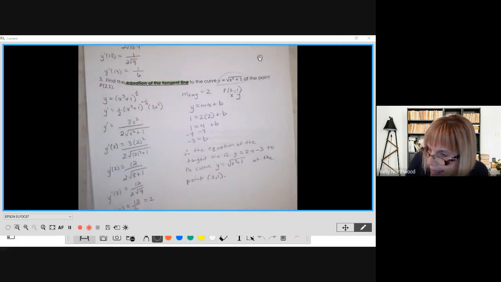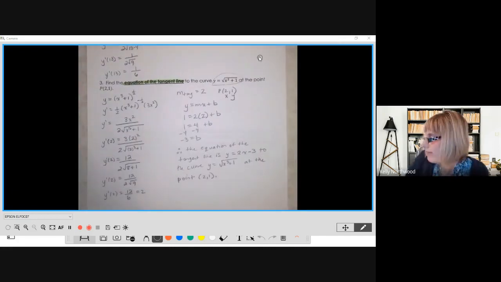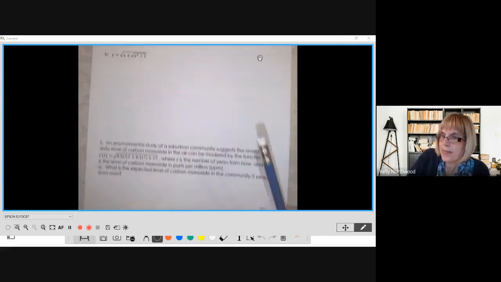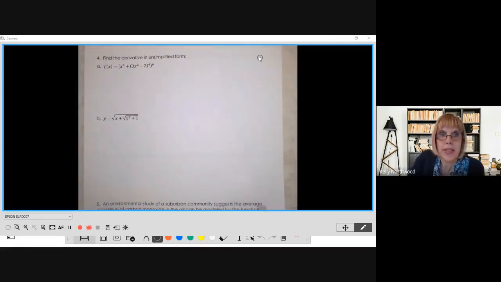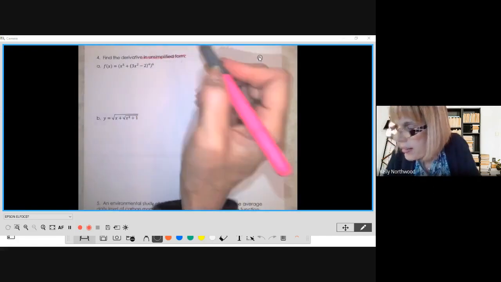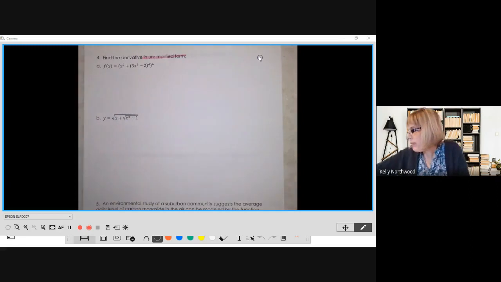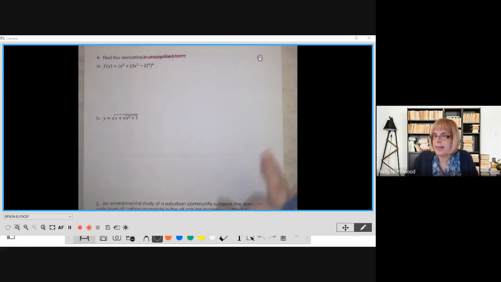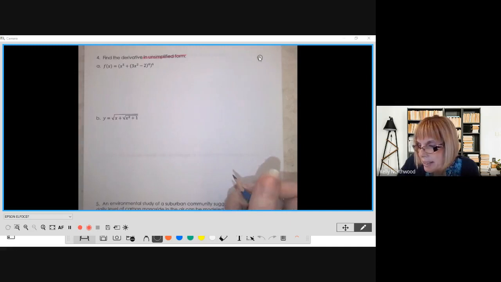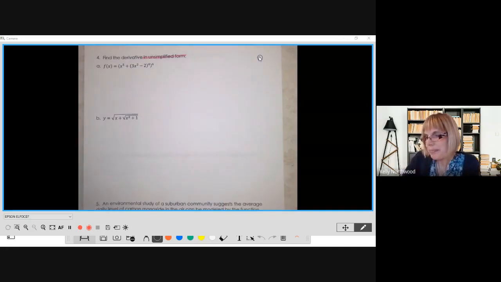All right, now we're doing some fun ones. Notice how it says to find the derivative in unsimplified form. Usually it'll say that if it's hard to simplify or a yucky looking derivative.